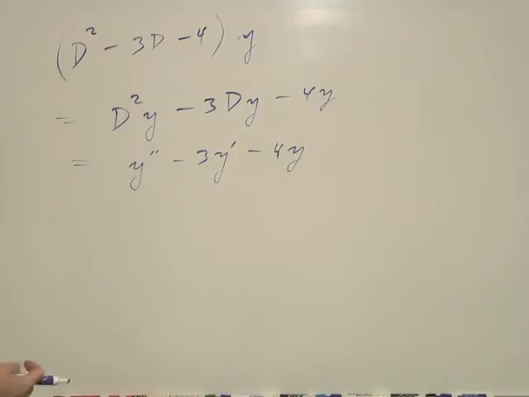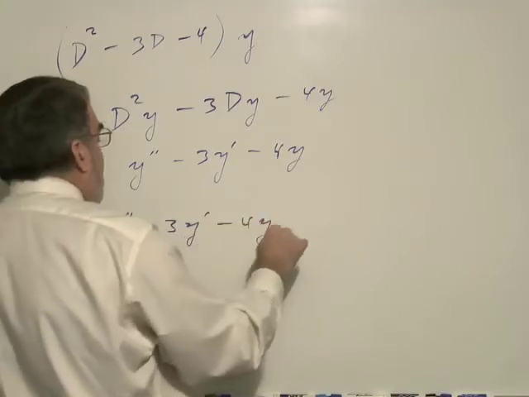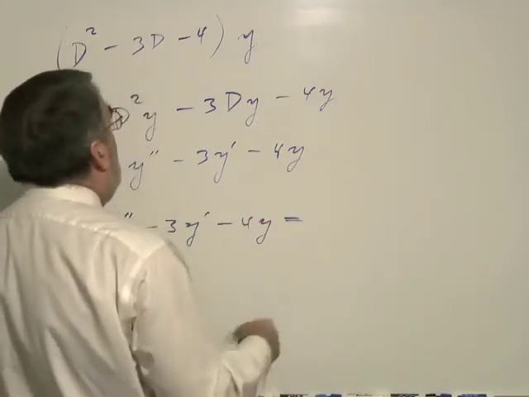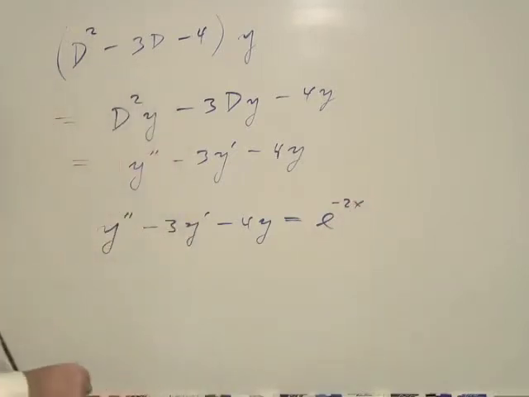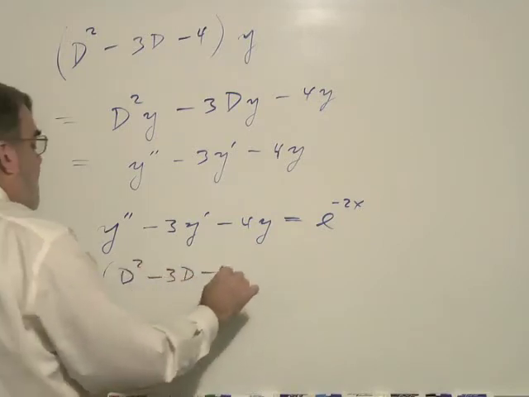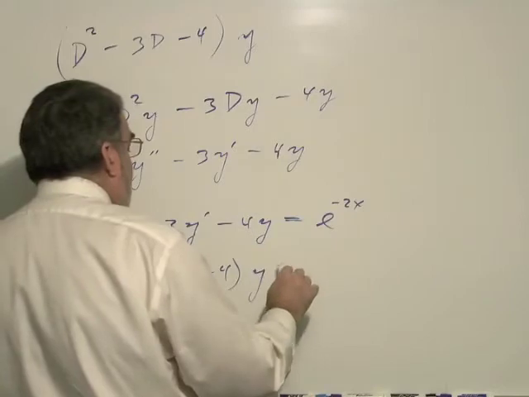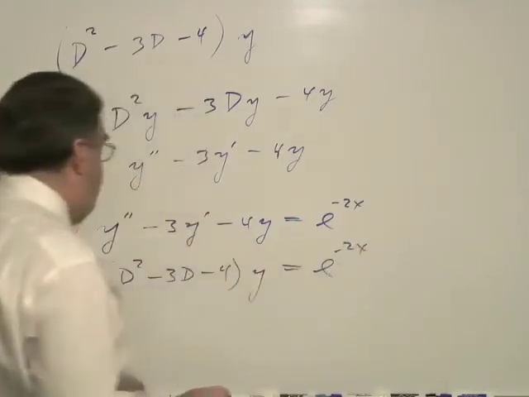There we go. So if I had this equation, y double prime minus 3y prime minus 4y equals e to the negative 2x, then I could represent it as D squared minus 3D minus 4 operating on y, equals e to the negative 2x.